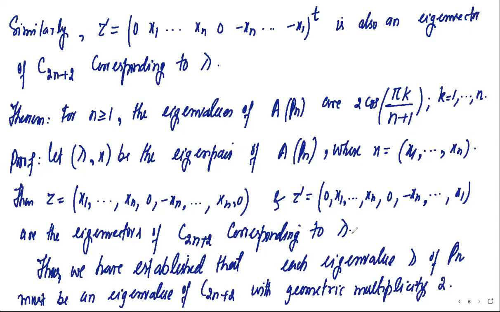Since we have seen that lambda was an eigenvalue of the path matrix, and now it is an eigenvalue of C2n+2, and these are the two linearly independent eigenvectors corresponding to it in the adjacency matrix of C2n+2, this means that lambda is an eigenvalue of C2n+2, and its geometric multiplicity is equal to 2.